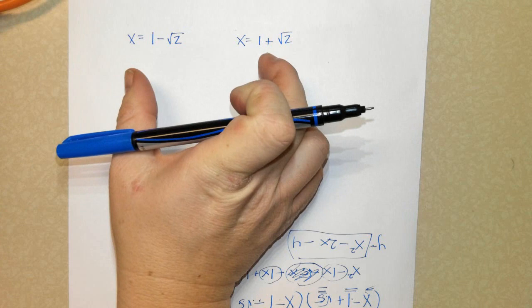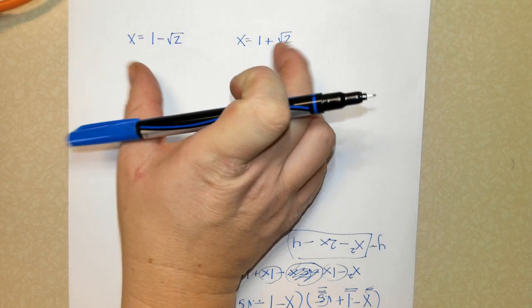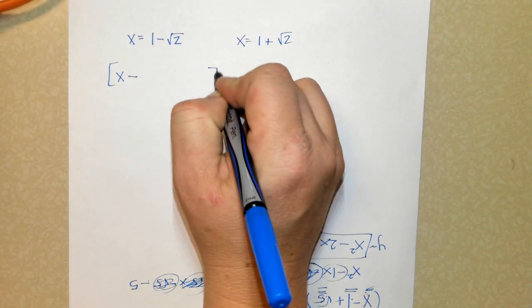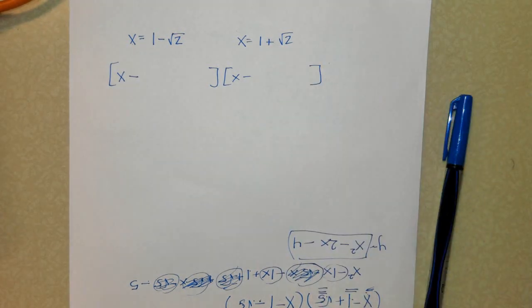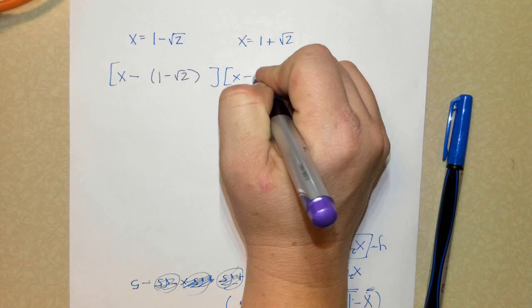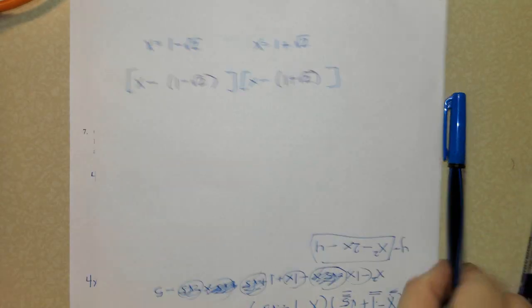So to come up with a quadratic function in standard form that has these two roots, x minus 1 minus the radical 2, and x minus 1 plus radical 2. Then I'm going to distribute.